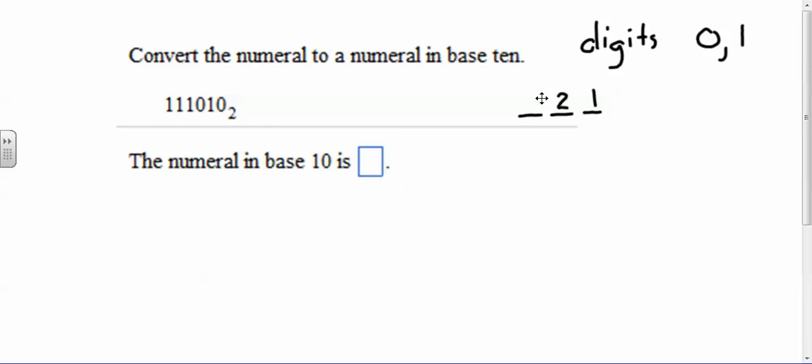Here we have the groups of 2 squared, which is 4s. Here we have the place value of 2 to the third, which is 8, and then 2 to the fourth, which is 16, 2 to the fifth, which is 32, 2 to the sixth, which is 64, and then 128 and 256 and so on. So again, those are the place values.